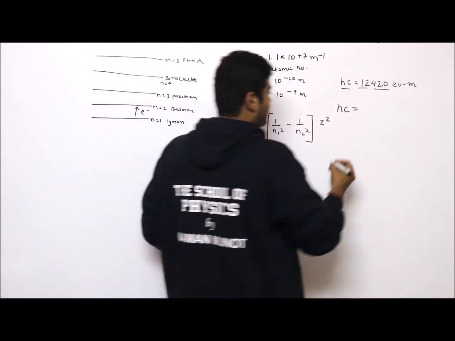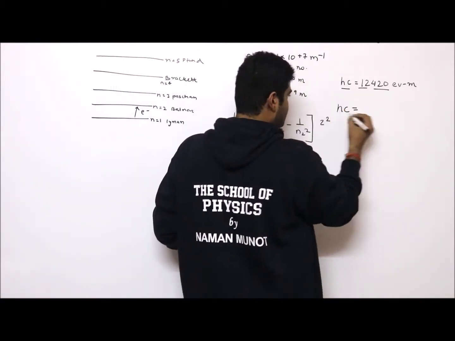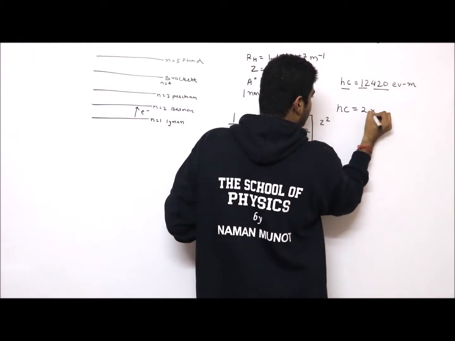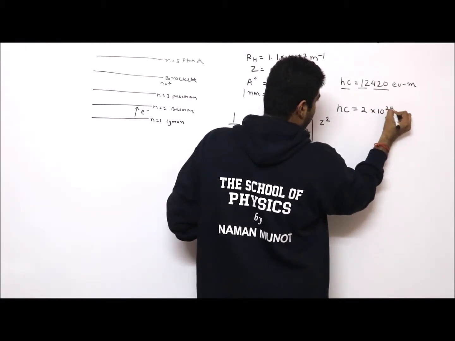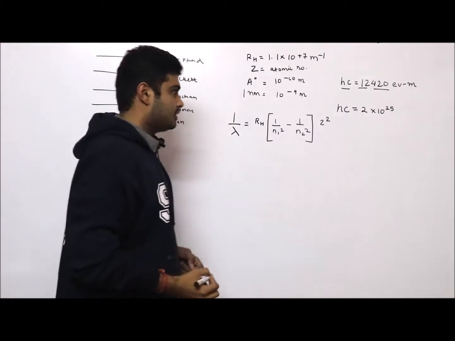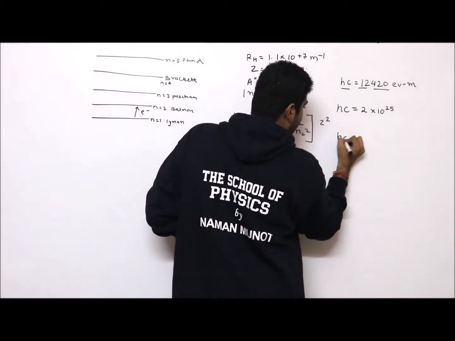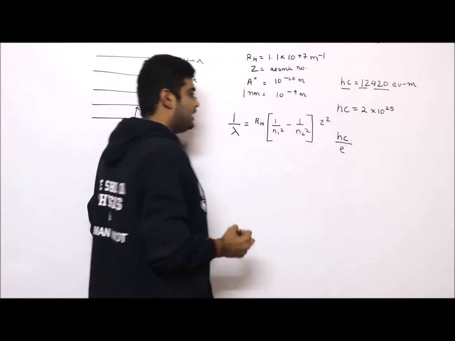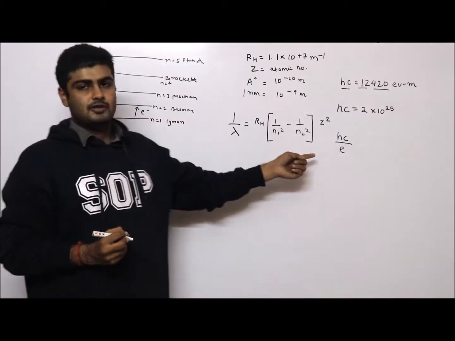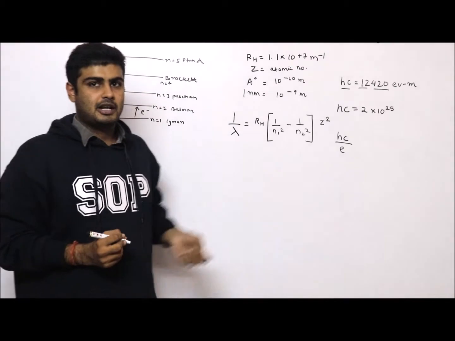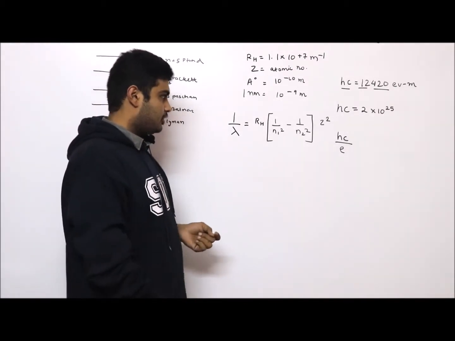So we can write this in electron volts, and in SI units this is 2 into 10 to the power minus 25. We can also have hc by e directly, where e is 1.6 into 10 to the power minus 19, the charge on the electron.